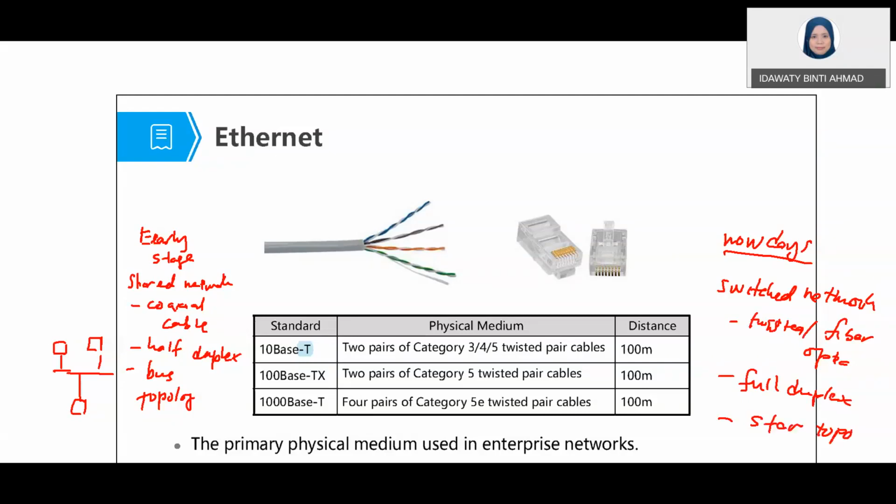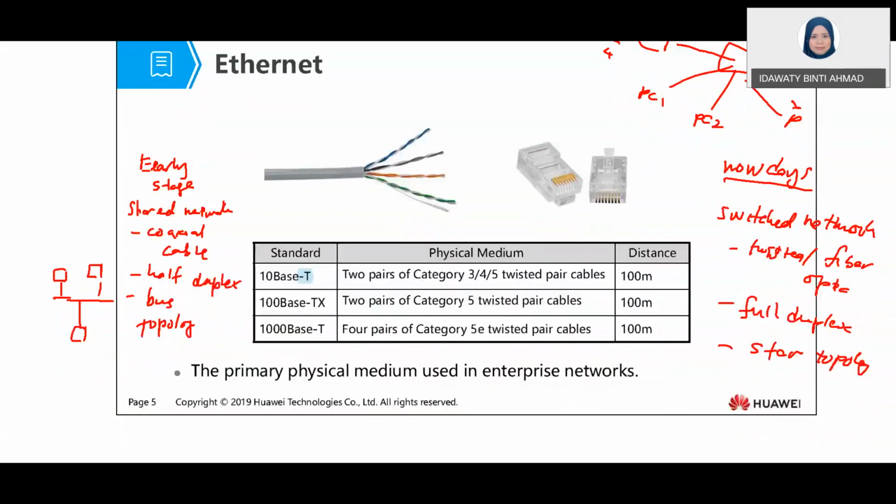I hope you know what it means by star. You have a switch here, and then you have PC1, PC2, and PC3. So you have this kind of topology. We call it a star topology.